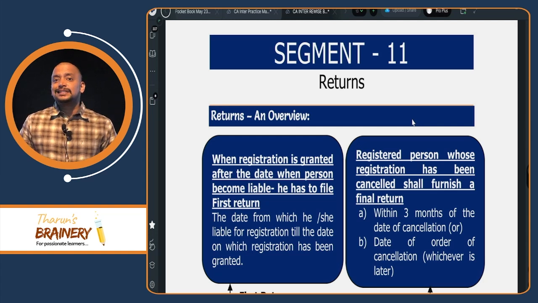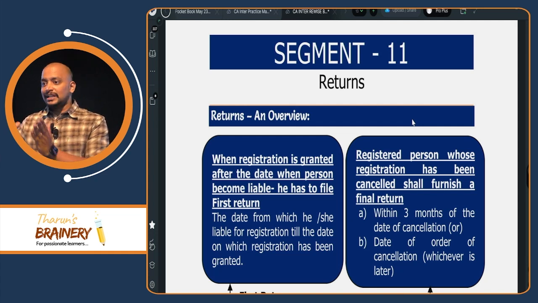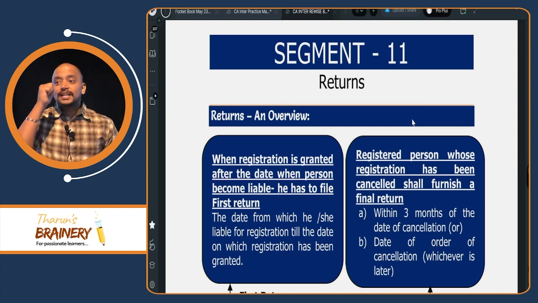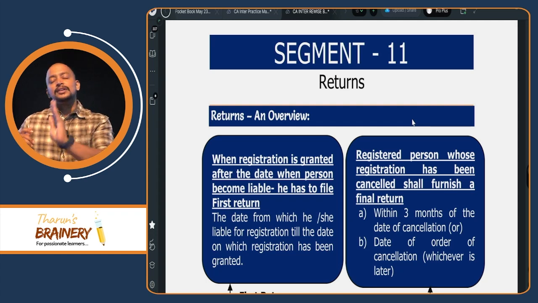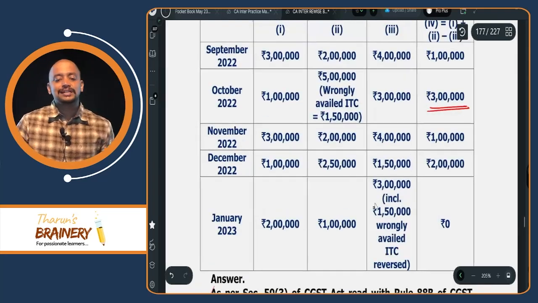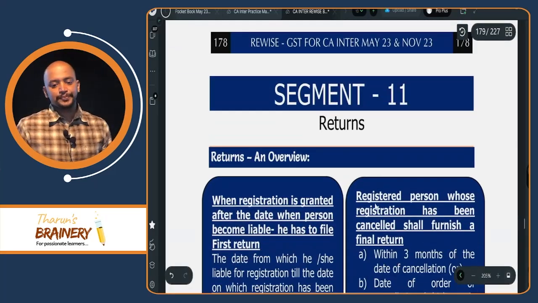Then next, interest on wrongly availed and utilized, only on utilized ITC from the date of utilization till the date of reversal. But what we learnt, important point is, what is the meaning of utilization? So this point, utilization, can be tested in exam. That illustration, last illustration we discussed now, that you mark as very, very important. Illustration 6.